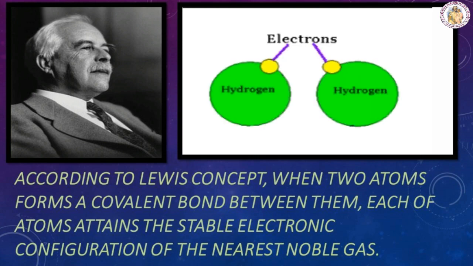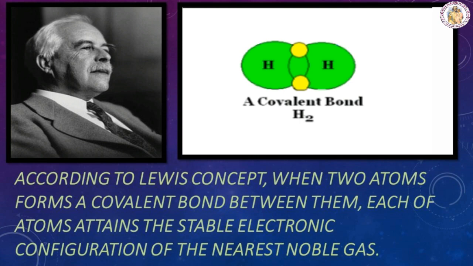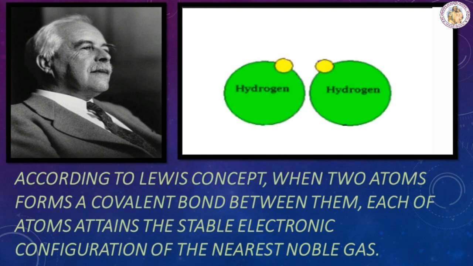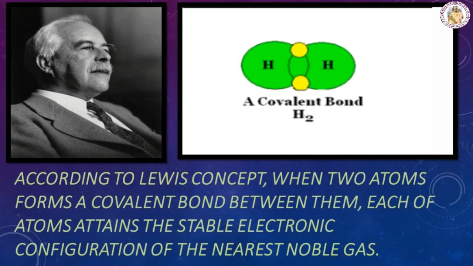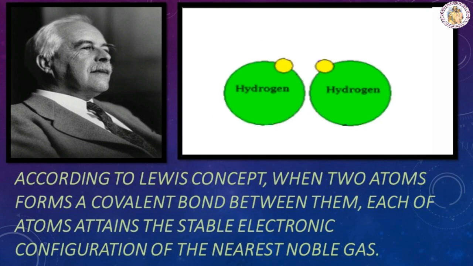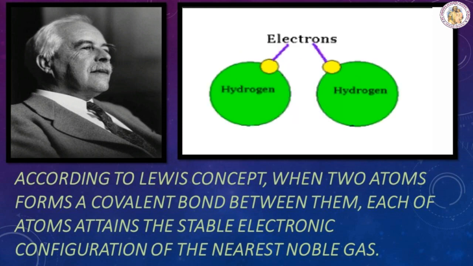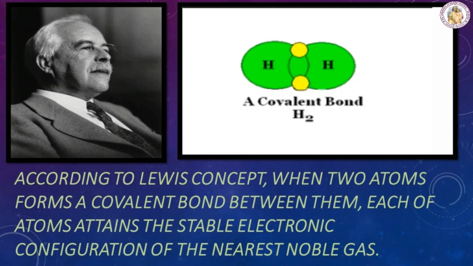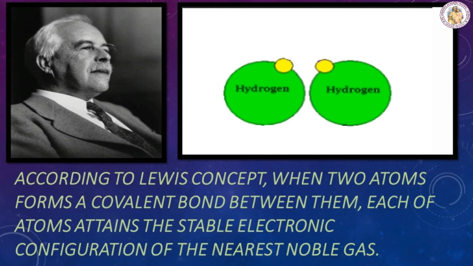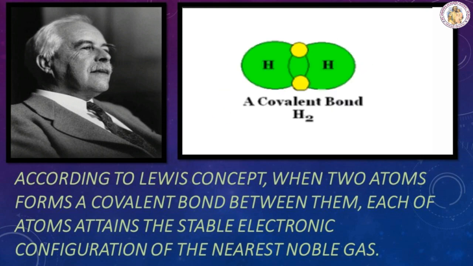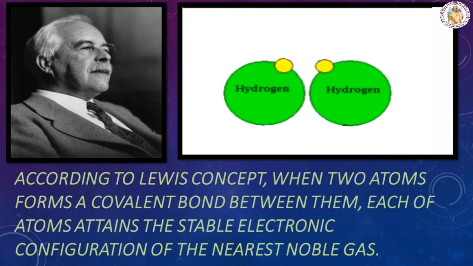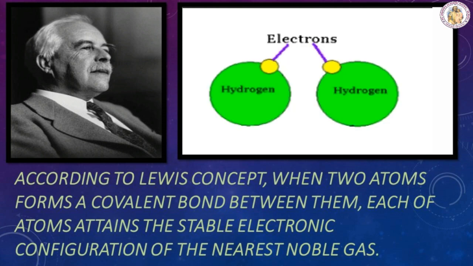Since the covalent bond is formed because of the sharing of electrons, which become common to both the atoms, it is also called an atomic bond. Why are we saying it is the covalent bond? Between the two atoms it is sharing of what? Electrons, mutual sharing. So this is also called an atomic bond.